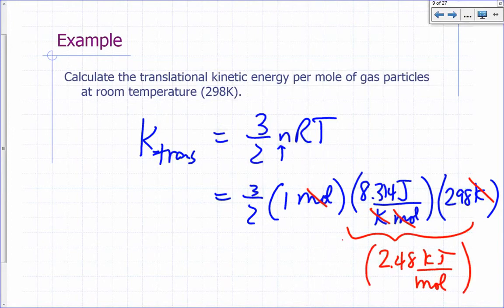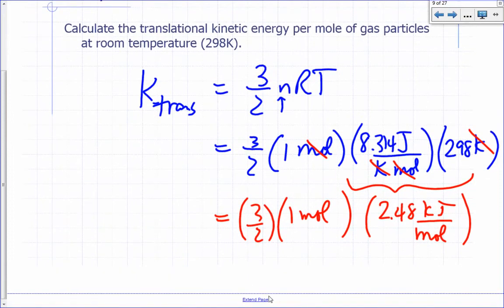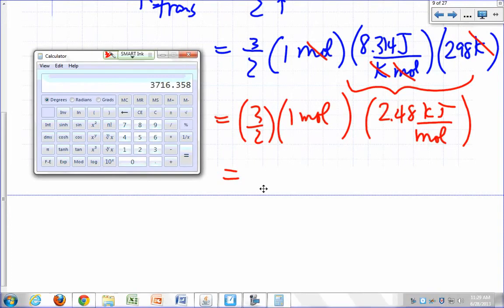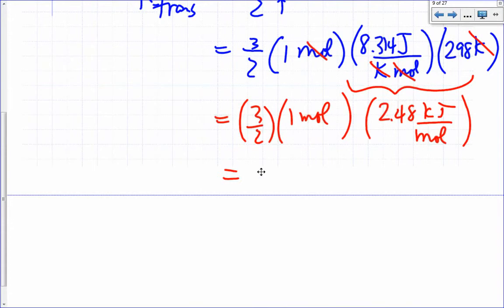Okay, so multiply that by 3 halves and 1 mole. That would be equal to 2.48 times 3 divided by 2, times 1.5, so that's going to be 3.72 kilojoules per mole.